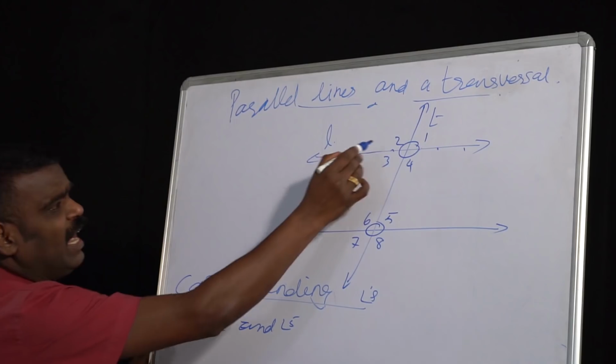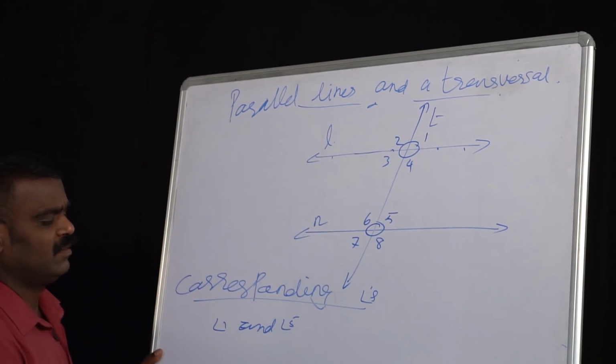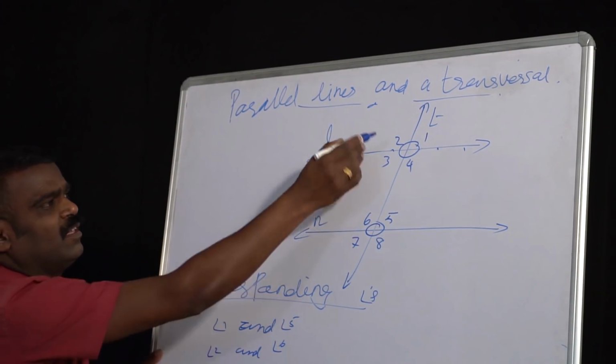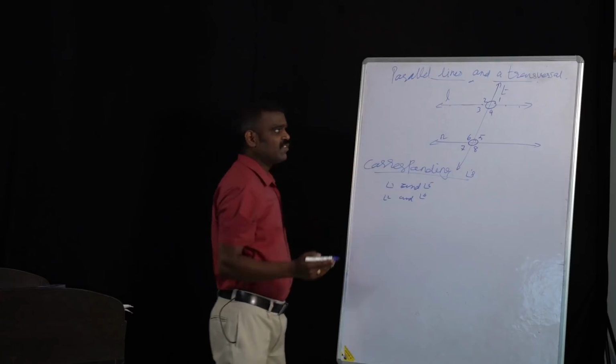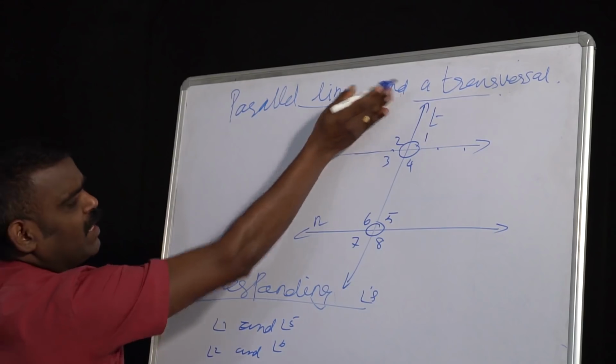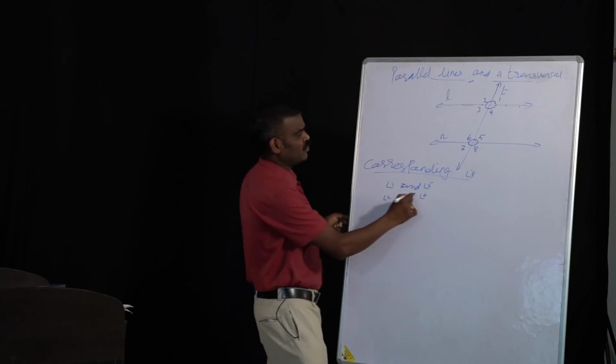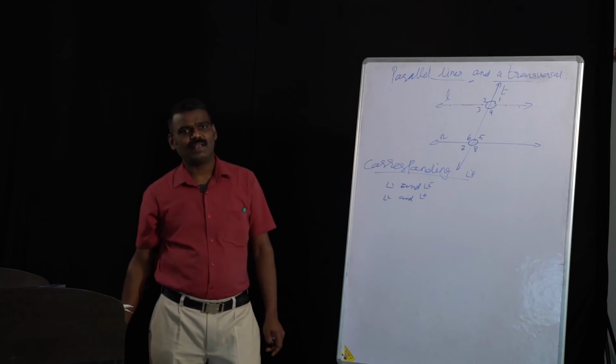What about angle 2 and angle 6? Angle 2 is also on the left side, above the parallel line. Above the parallel line. Am I right? The position is very important. So angle 2 and 6 are also corresponding.